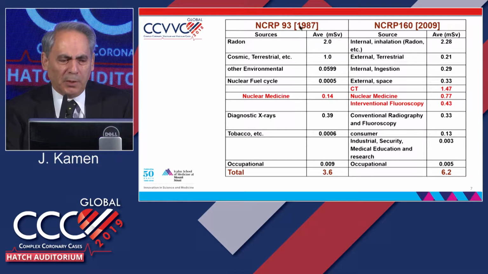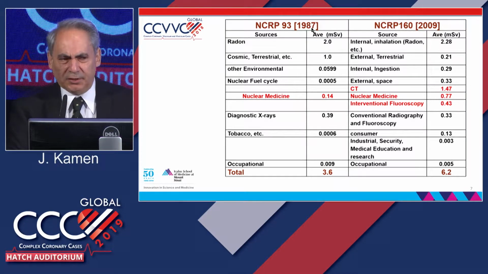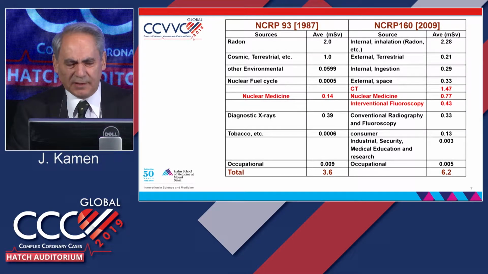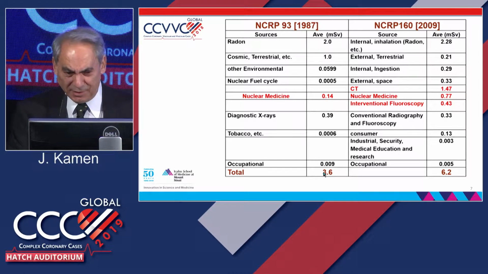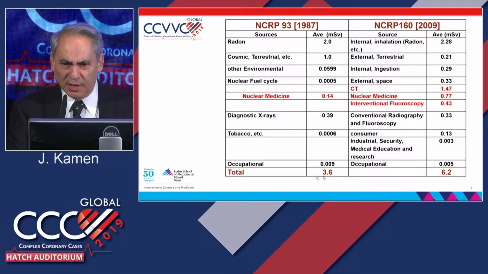Now, NCRP 93, published 1987, says what a typical American gets in 1 year. They call it average background radiation. It was about 360 millirem. That was 1987. Still some publications, some places, use this number.